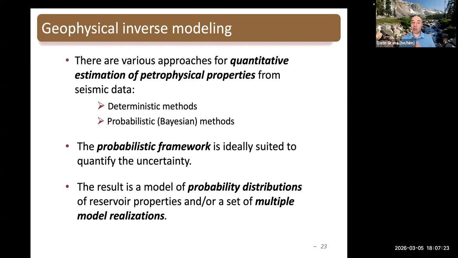Mostly because I think that the probabilistic framework is ideal for problems where we want to quantify the uncertainty, because we can come up with a probability distribution or some sort of measurement of the uncertainty in the model predictions. And so we can come up with either probability distributions or a set of model realizations that tells you something about the variability of the model.